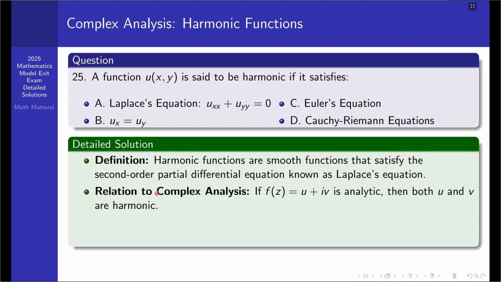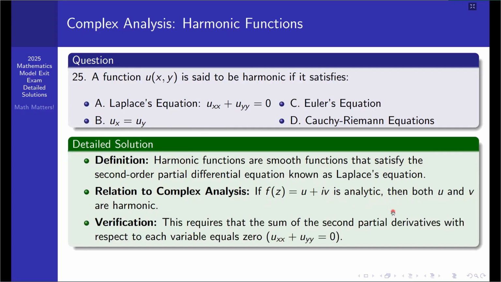Therefore, in relation to complex analysis, if f of z is equal to u plus iv is analytic, then both u and v are harmonic. If this complex function is analytic, then the real and the imaginary parts, simply u and v, are harmonic functions.